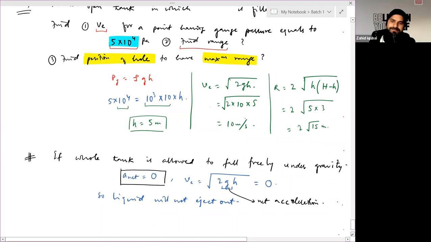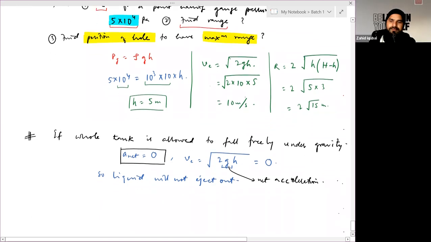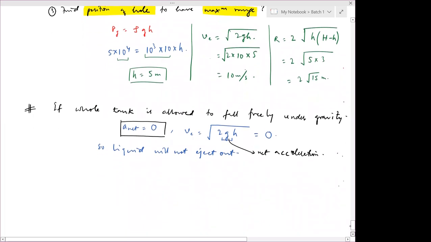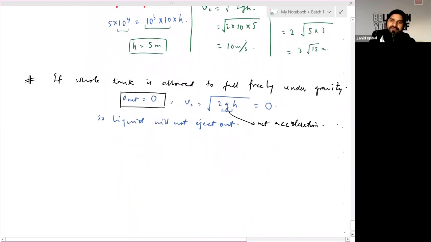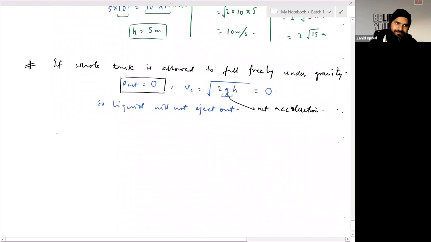Hamza, written? Yes, sir. Okay, now there will be a question, what will happen if the tank is closed?